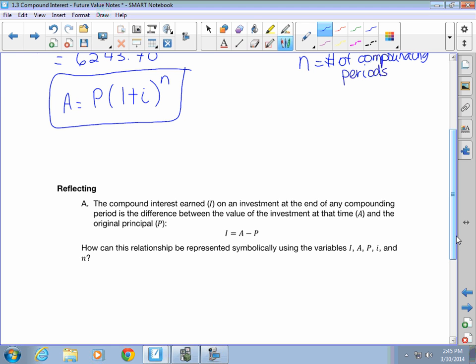So it says, how can this relationship be represented symbolically by using the variables I, A, P, and i? So if I is the amount of interest you earned and little i is your interest rate, how could we substitute that?